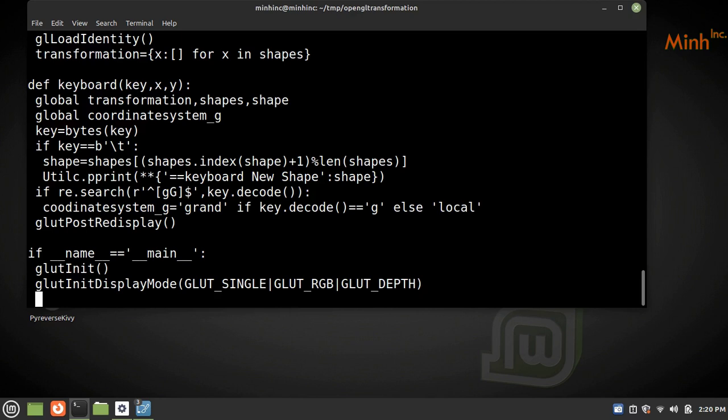So in this mode we are initializing it. Glut init window size 500 by 500.